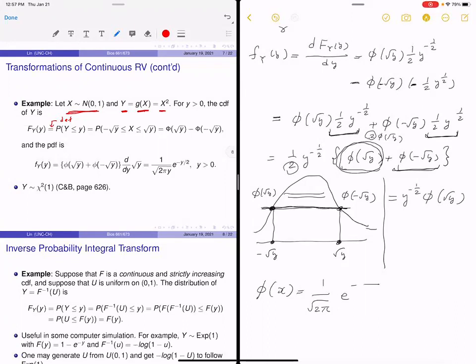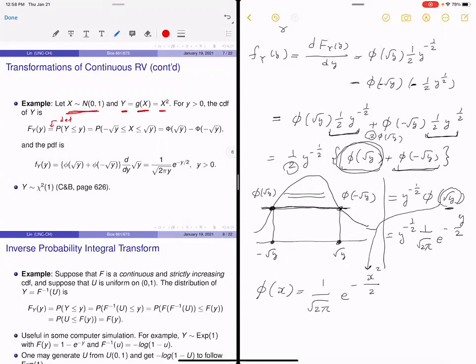Then minus, actually 2 sigma squared, which is 2, and x minus mu, then taking the square. Okay, this is the PDF of normal 0, 1. Then right here, eventually, you plug in the square root of y. So I have 1 over the square root of 2 pi, exponential of minus, and in the numerator I have the square root of y, taking the square, which becomes y.